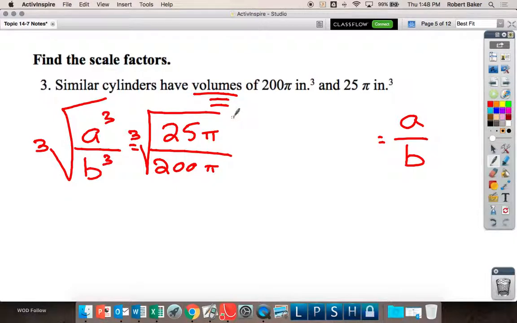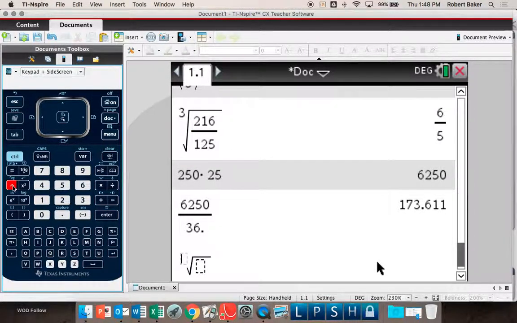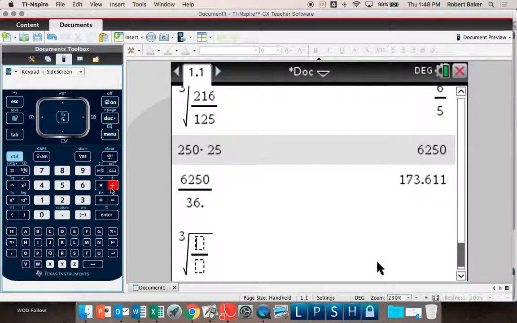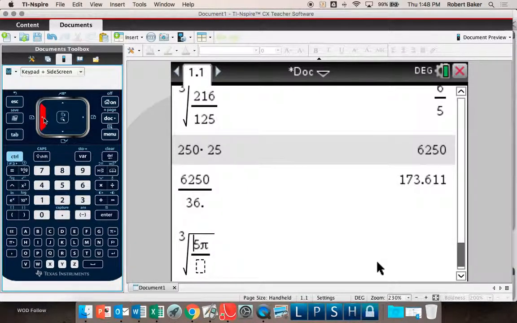And your calculator will do that for you. Control caret. And you want to undo the cube root of 25 pi over 200 pi.